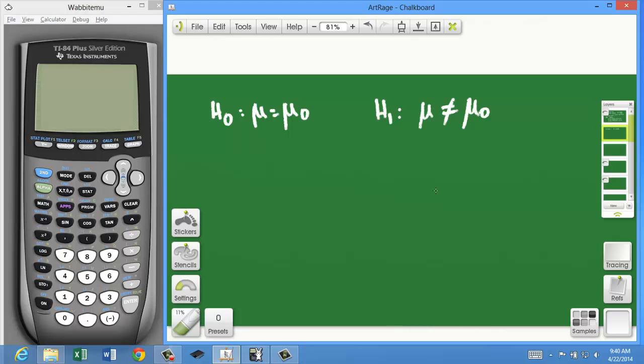So out of the 6 logical statements, I've taken care of 2 of them. Now, I'm using a very standard approach here: H naught is nothing but the null hypothesis, and H1, sometimes called HA, is called the alternative hypothesis.